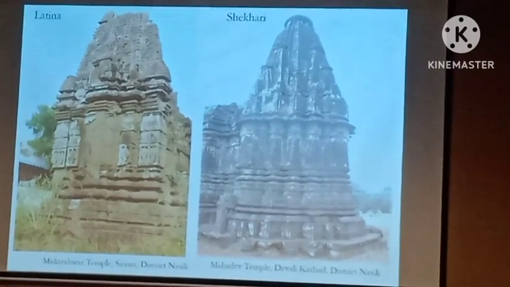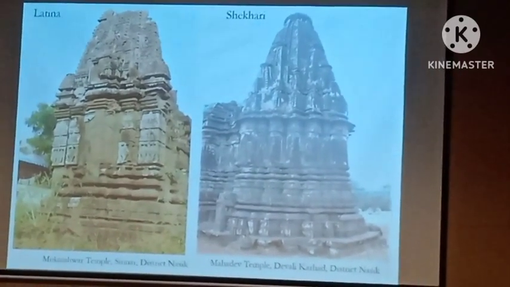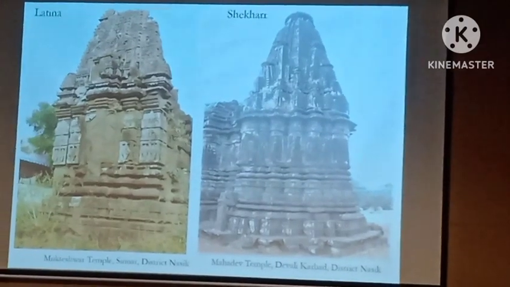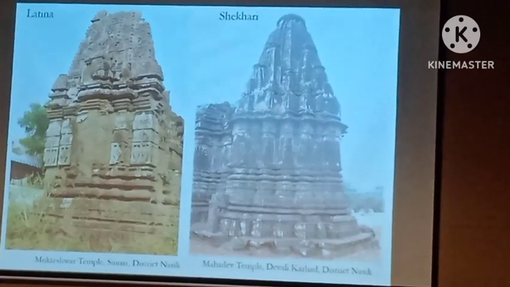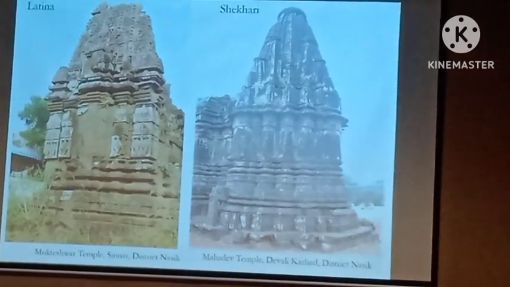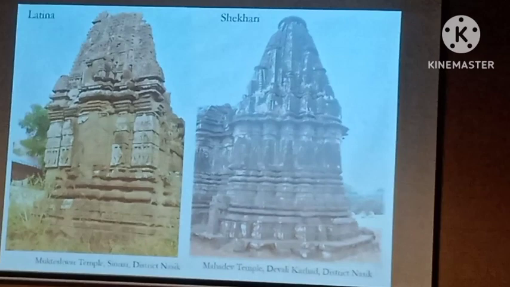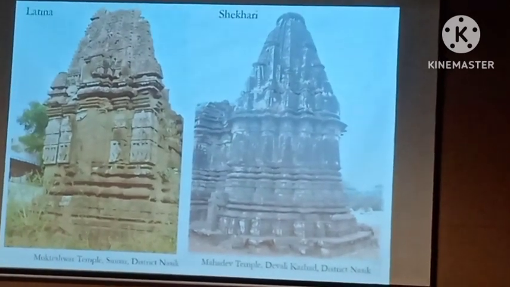But at the same time, there are examples of the Latina, there are examples of Shekhari, there are examples of some kind of use of Dravida edicules or Dravida elements in Maharashtra. And this is a very interesting feature of the temples in Maharashtra, which can't be ignored.